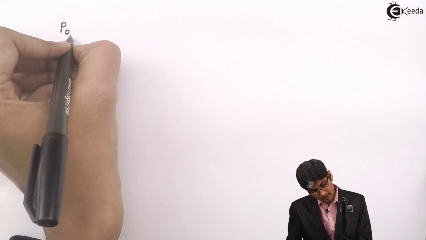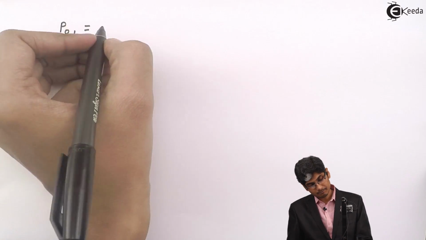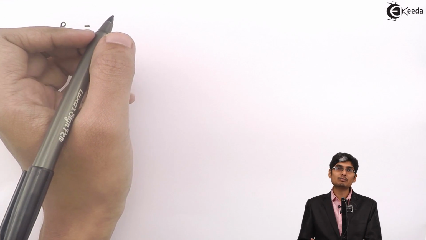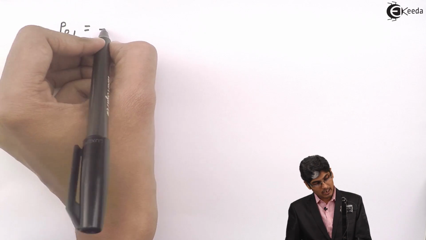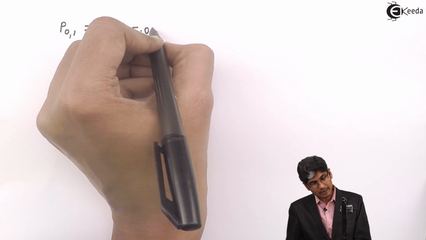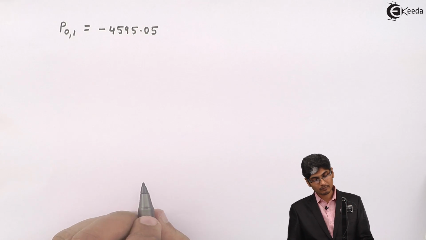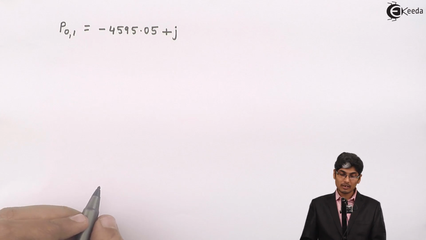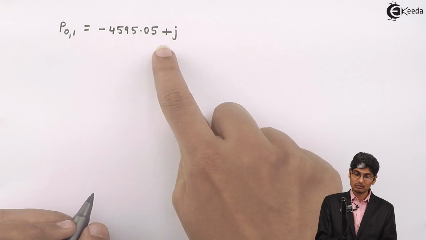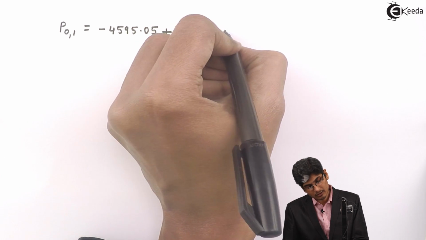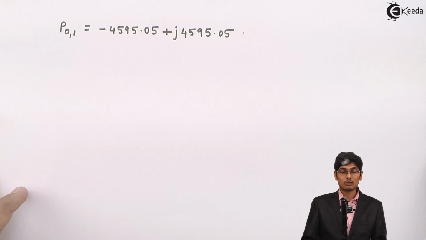So for P01, if you multiply 6.498 k into cosine 3 pi by 4, which is minus 0.707, you will get minus 4595.05 as the real term, and j, now sine 3 pi by 4 is plus 0.707, so this will be plus again, 4595.05. This is my P01.